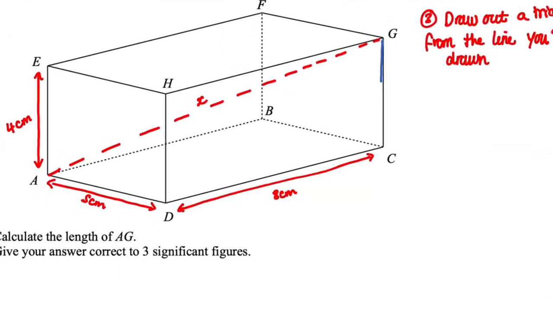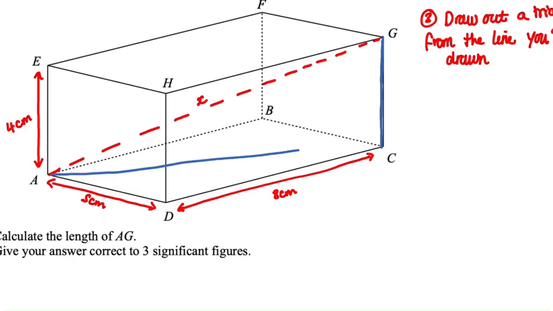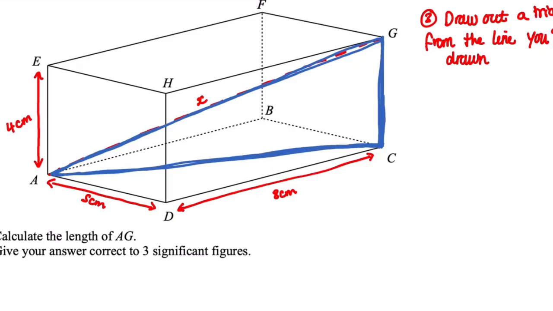I'm going to draw a line downwards, and then I'm going to draw a line from here to here. Now, can you see that is a triangle? We had this original line over here that we need to work out, and I've literally just made a right angle triangle out of it. And that's what you have to do. You have to make yourself a right angle triangle out of the line that you need to work out. So this is our right angle over there.